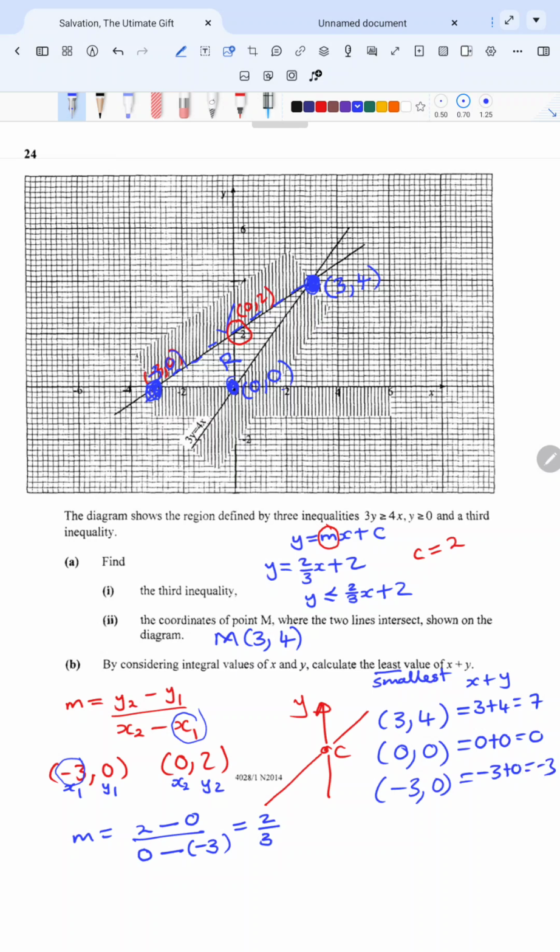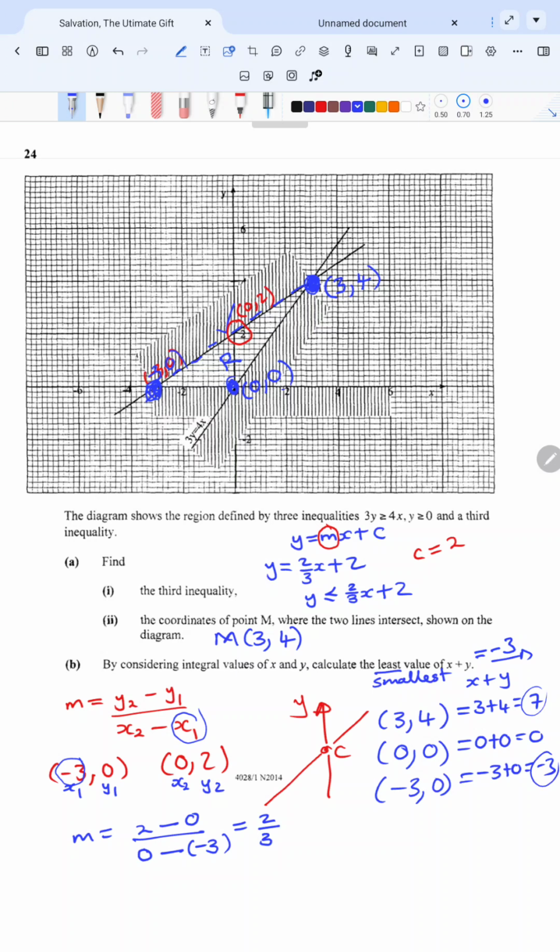So from the 3 numbers, 7, 0, and -3, you can notice that -3 is the smallest number of the 3. So the least value of x plus y is -3. So -3 is your final answer. But if they want you to calculate the greatest value, for the greatest or the maximum value, you take 7. But for the least value, you take -3.